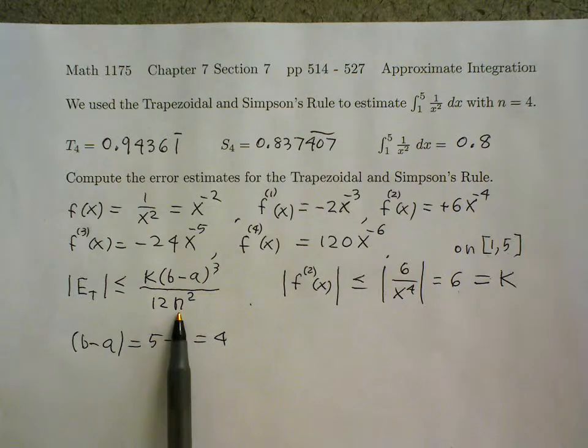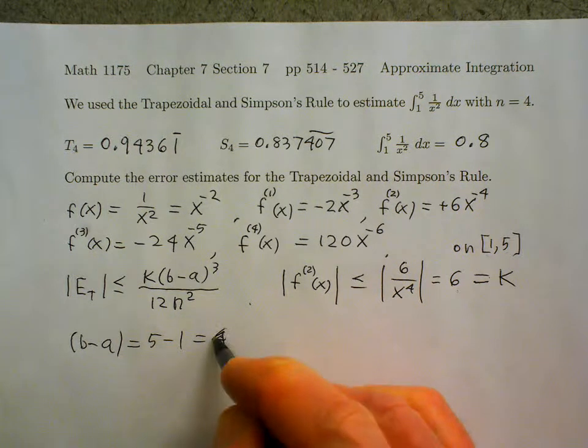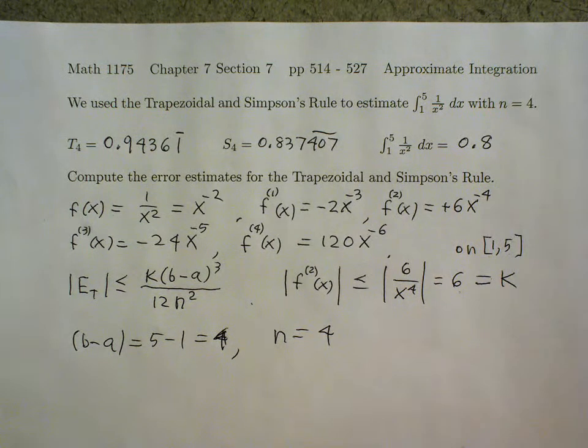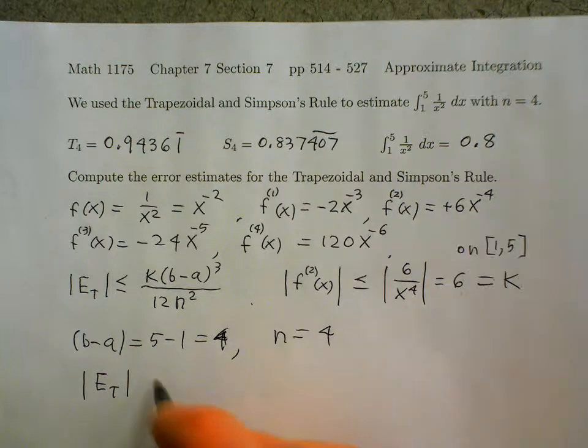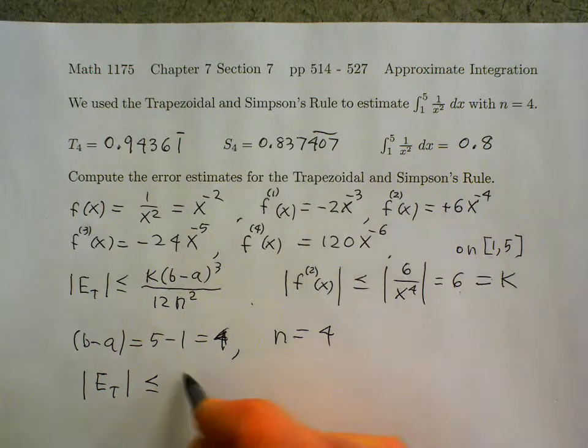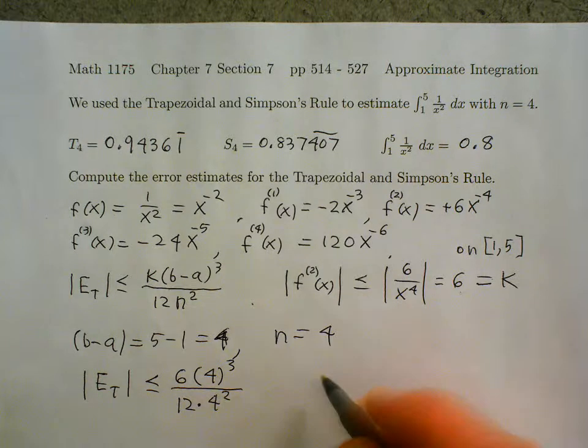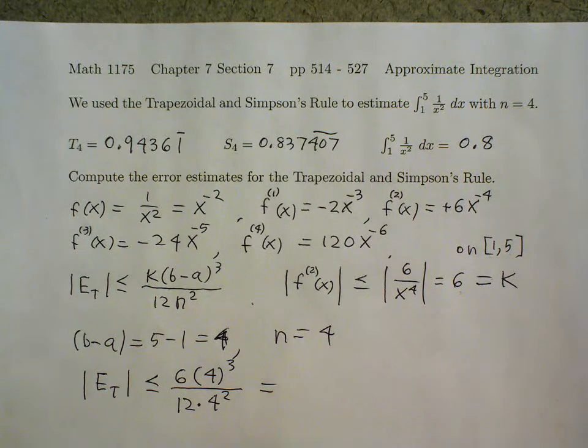Our value of n is also 4. And so the error estimate, when we put in those numbers for the trapezoidal rule with n equals 4, is less than or equal to 6 times 4 to the third, divided by 12 times 4 to the second. And when we do the arithmetic, we get 2.